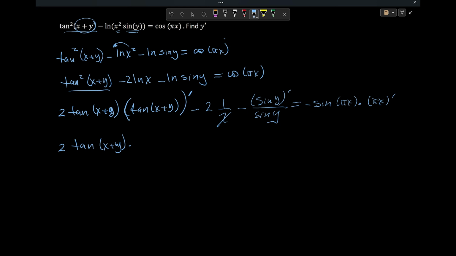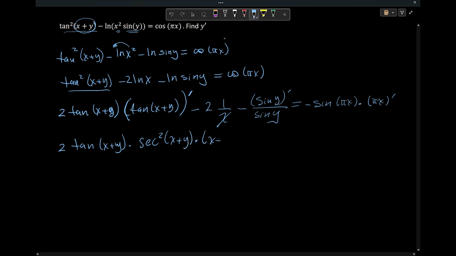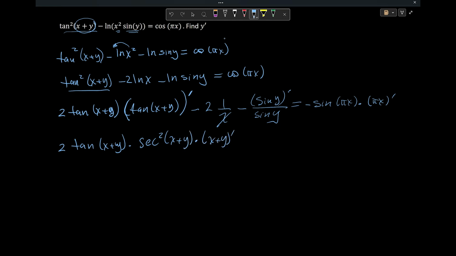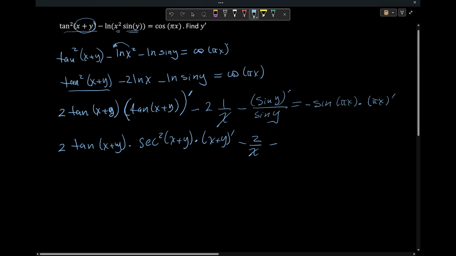Let's get back here to tangent of (x plus y) times the derivative of tangent of (x plus y). Now we're taking the derivative of a function of x. It's the secant squared of that function of x times the derivative of that function of x, the chain rule, minus 2 over x minus the derivative of the sine of y.